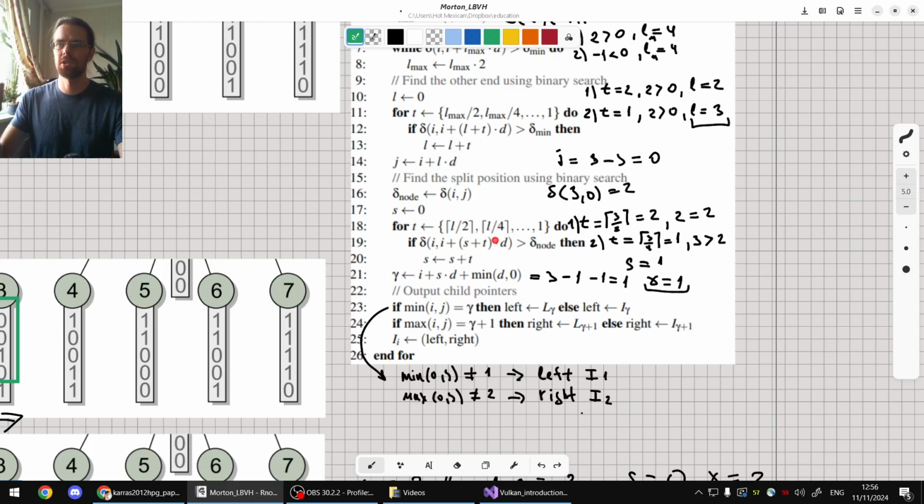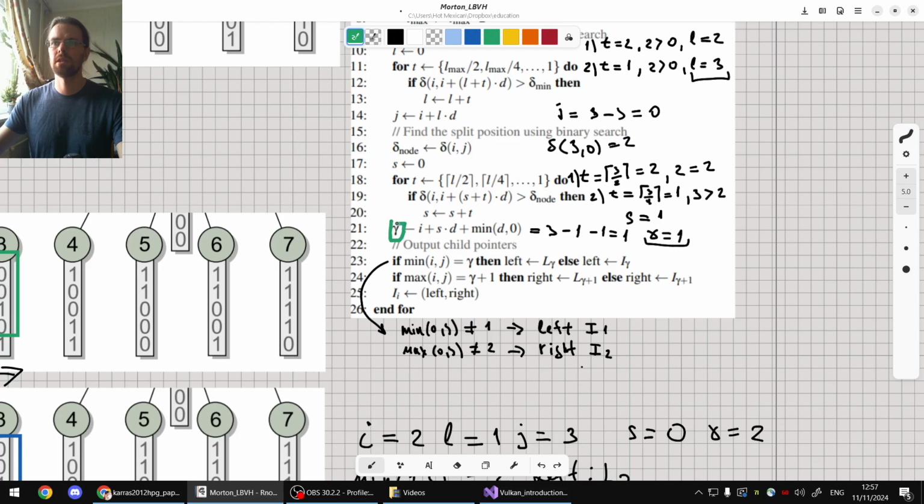But we are traversing from the i in that direction, and we are looking for when we will reach this minimum common head, which would signify the split. And then we remember this split position. And this gamma actually is the position of the split, which includes whether we want to include it.